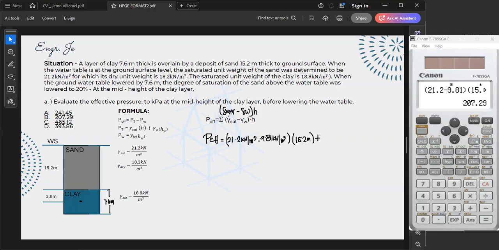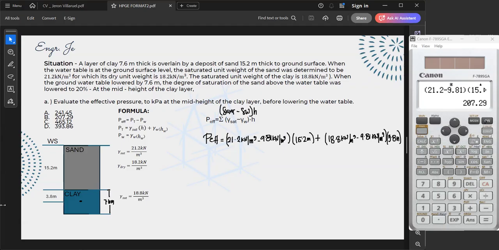Plus, we are going to add the effective pressure for our clay, that is the saturated unit weight of the clay, 18.8 kilonewton per cubic meter, minus the gamma water, which is 9.81 kilonewton per cubic meter, and the mid-height of clay is 3.8 meters.